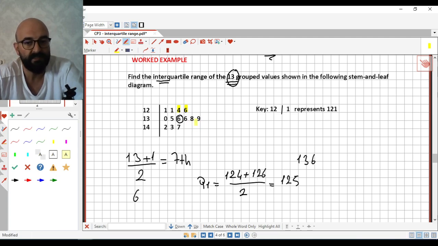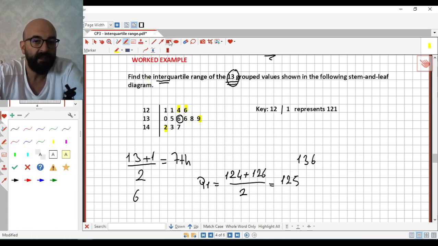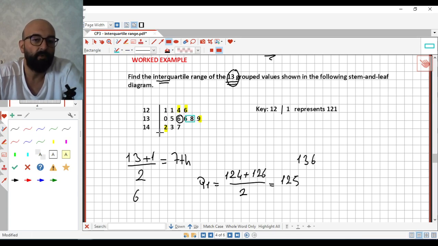They are 139 and 142, because to the left of the 139 we have 2 values, and to the right of the 142 we have 2 values. So both values are the middle of the second part, or right of the median.